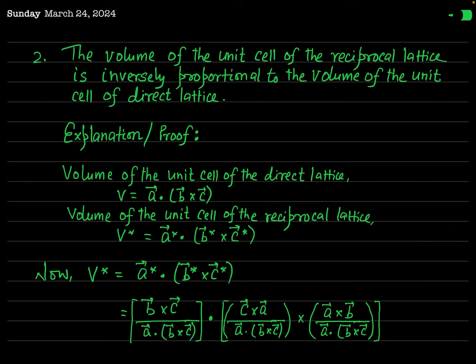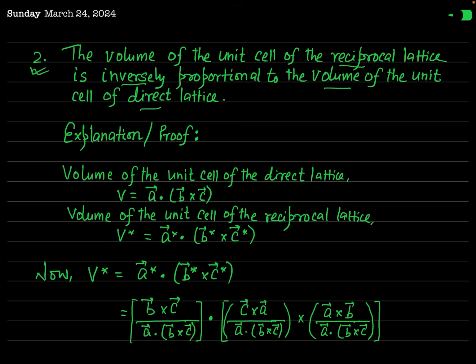Now the second very important property, you can see it here. This property says that the volume of the unit cell of a reciprocal lattice is inversely proportional to the volume of the unit cell of the direct lattice.